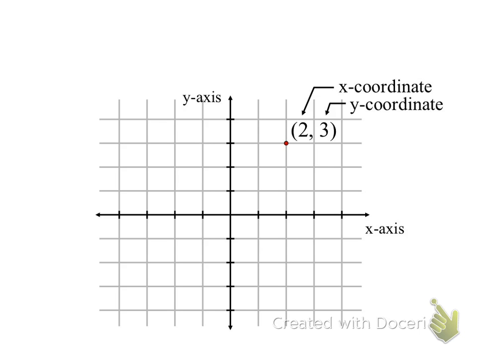Okay? It's called an ordered pair altogether. Another way they word it is graph the coordinates. And so 2, 3 can also be called a coordinate.